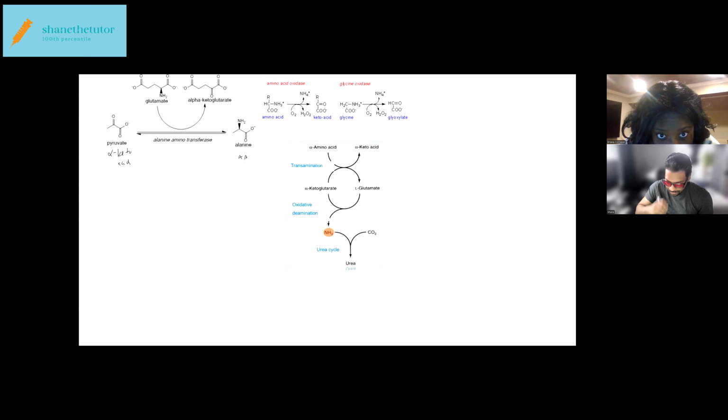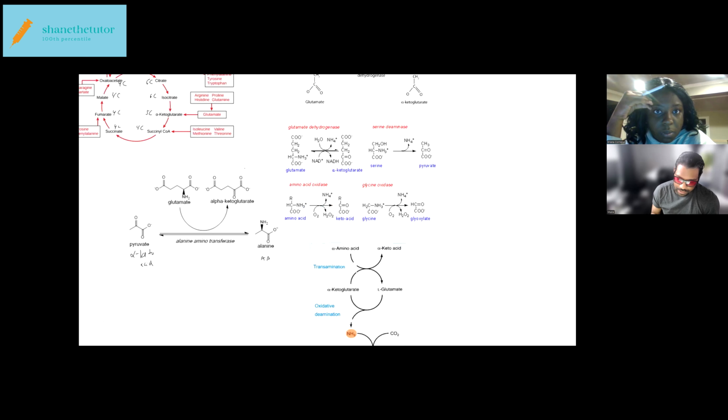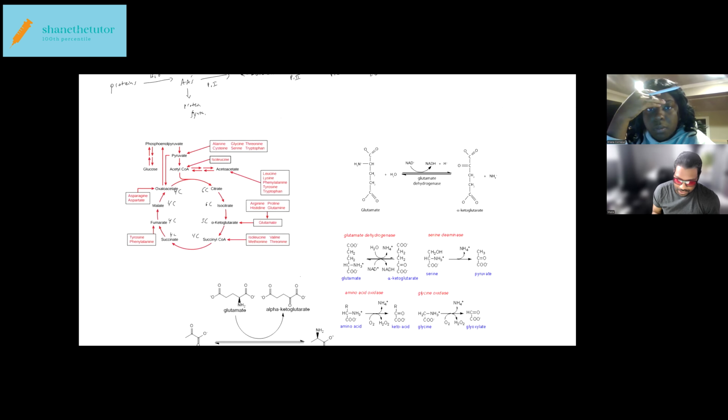But ultimately, in an amino acid, you're going to get rid of the amine group as ammonia, and you're going to get rid of the carboxylic acid group, which will be the CO2, and those can combine to form the urea. And so the side chain is ultimately what you're left with, and that can enter in at various stages of the Krebs cycle.